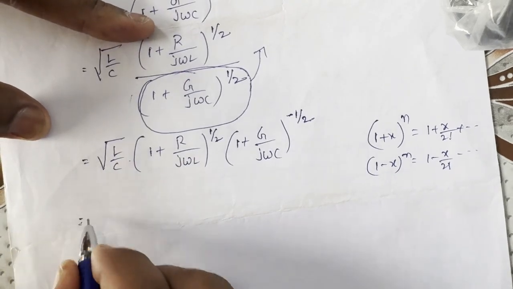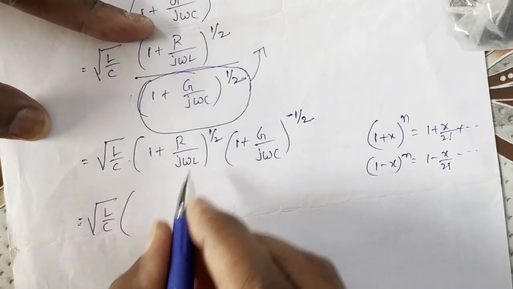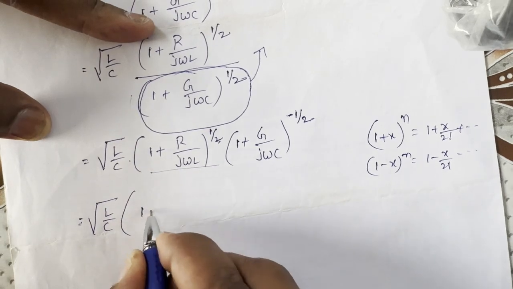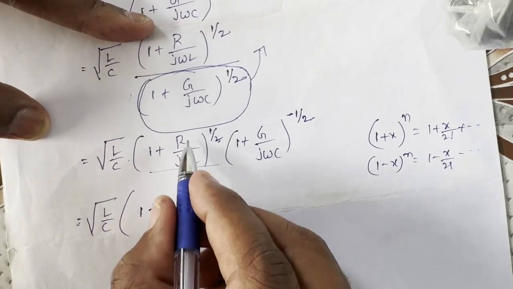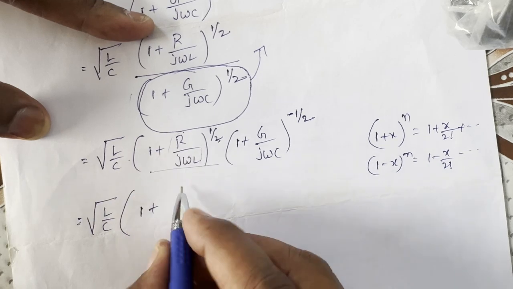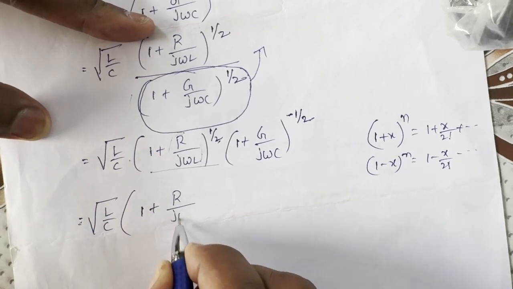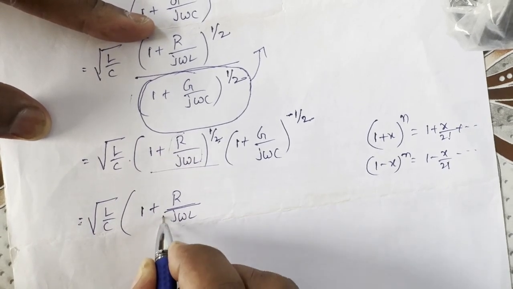So similarly root L by C into, just first expanding this, 1 plus x by 2 factorial. X means this value here. So R by j omega L into 2 factorial means 2.